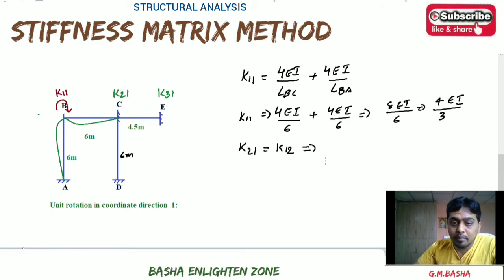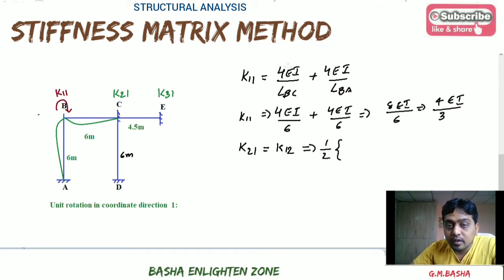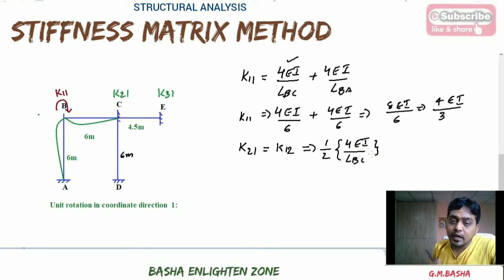For example, for K11, I am carrying exactly half of the moment in the span BC, that is, half of the 4EI by LBC. I already explained each and every term, in what way you get K11 and K12. The entire procedure remains the same as for continuous beams. It is better to watch the first video on our channel, where I clearly explained each and every terminology.